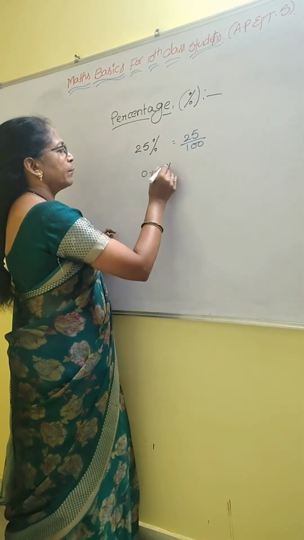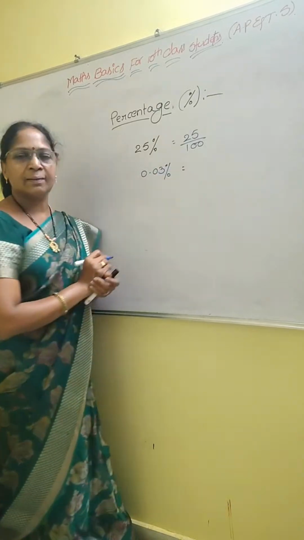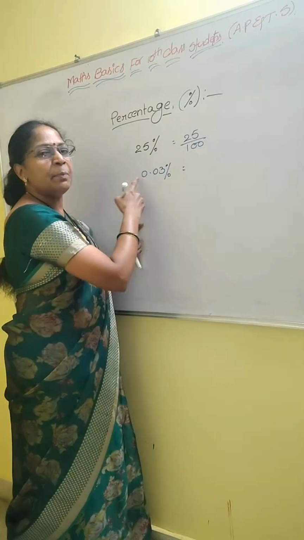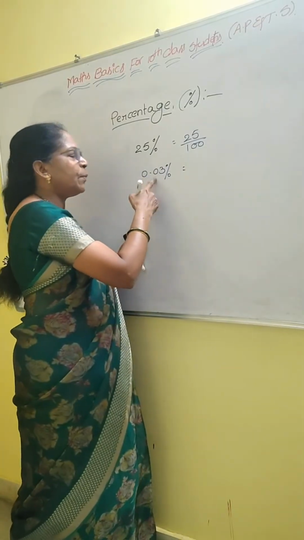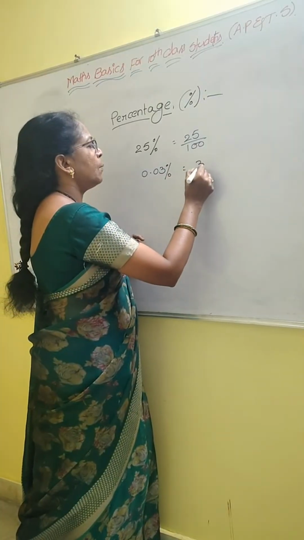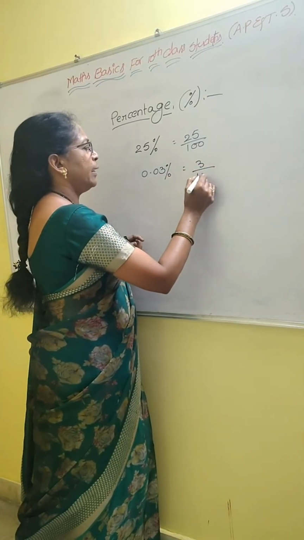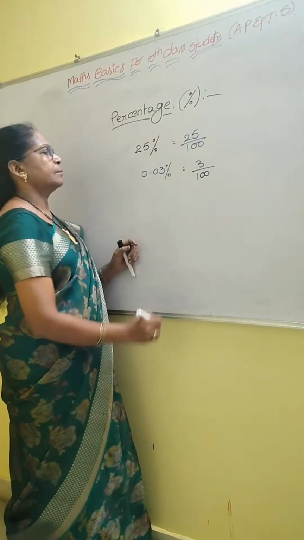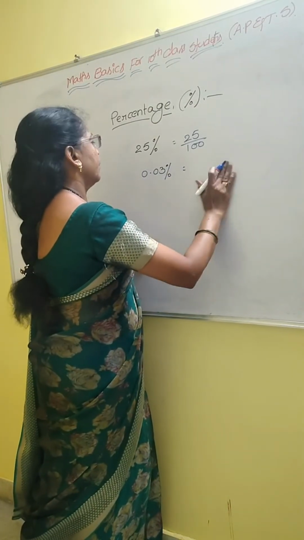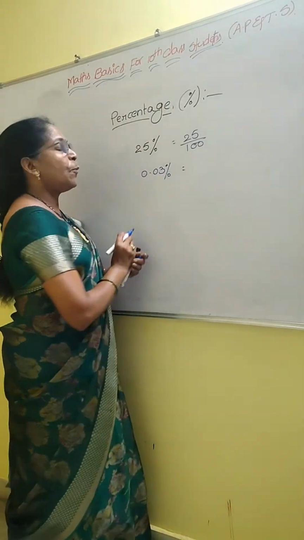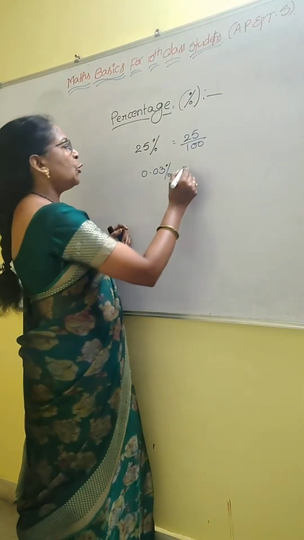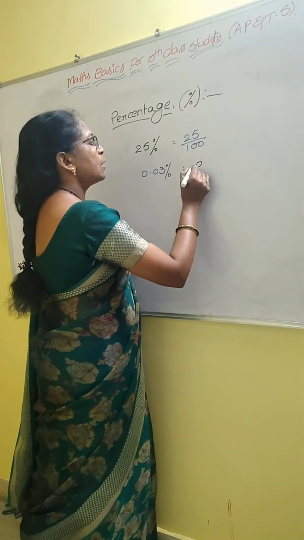For example, 0.03%. The number before the decimal point, the 0, has no value. Directly just write the number 3 by 100. 0.03% is nothing but how much is the value? 0.03, that means 03.